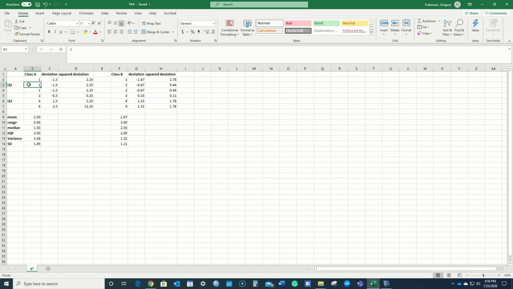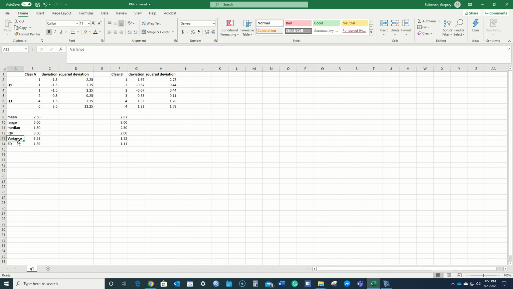So Q1 is going to be 1 and 2 respectively. So interquartile range is going to be B6 minus B3 for class A, and correspondingly for class B, it's going to be F6 minus F3, right? Because that's our Q3 and our Q1.